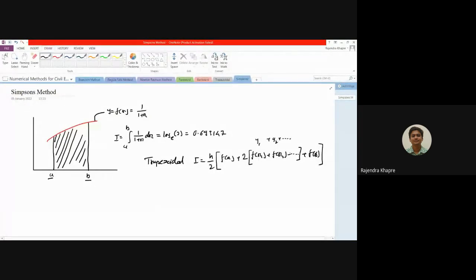Now in today's class we will see the Simpson's method, which is very similar to the trapezoidal method.